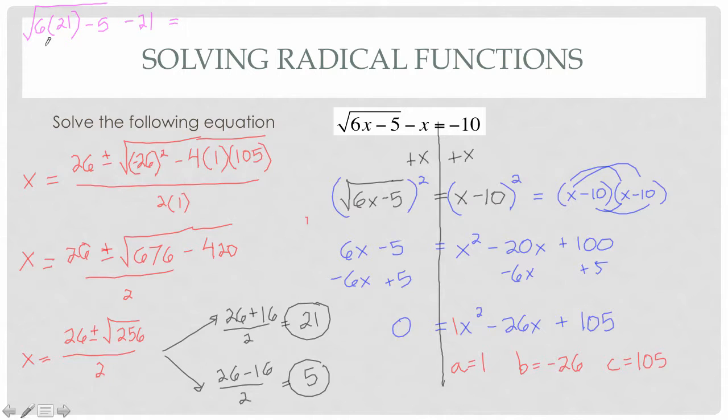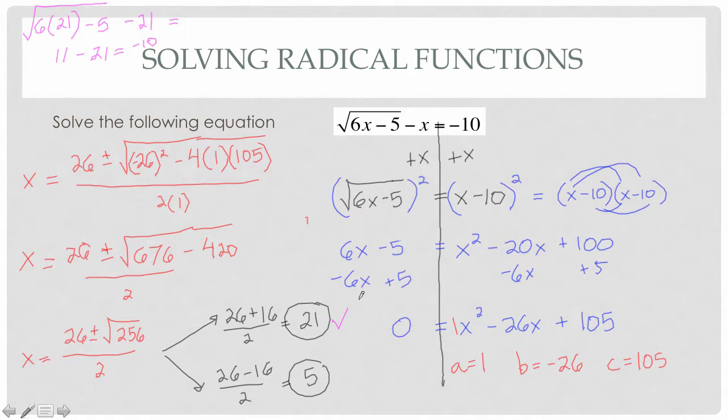Well, let's calculate it out. 6 times 21 is 126. If I subtract 5, that's 121. But the square root of 121 is 11. So is 11 minus 21, what does that equal? That equals negative 10. So this solution checks out.